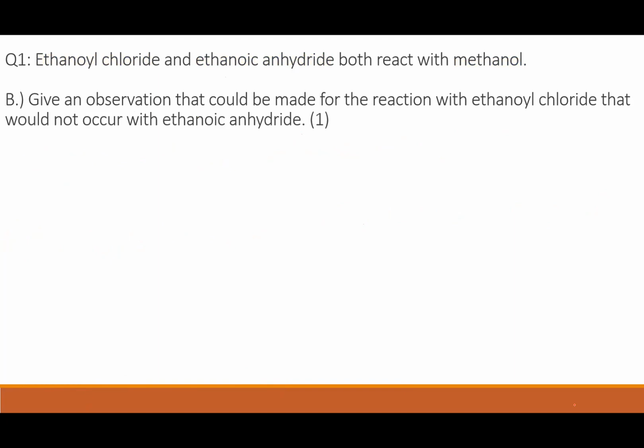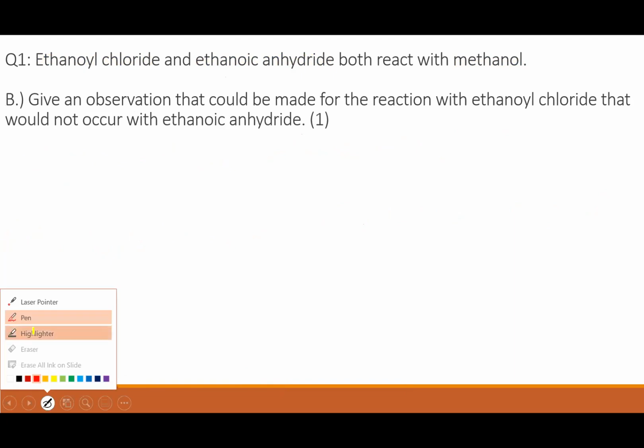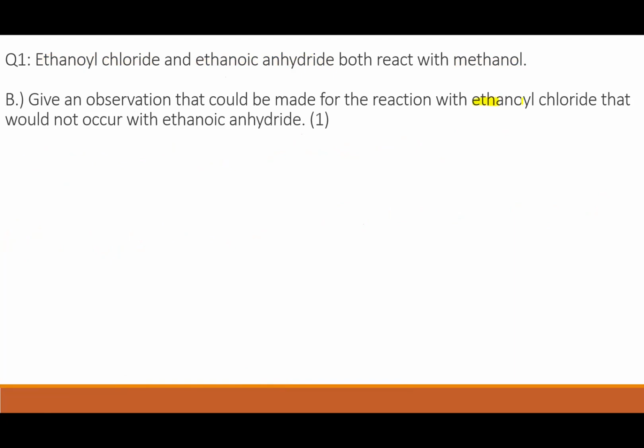The second part of this question, we've got the same top part of the question. It asks us to give an observation that could be made from a reaction with ethanoyl chloride. So that's really important. Let's pay attention to which one it's asking us to think about. Ethanoyl chloride, that's our acyl chloride, that would not occur with ethanoic anhydride. There's two options.